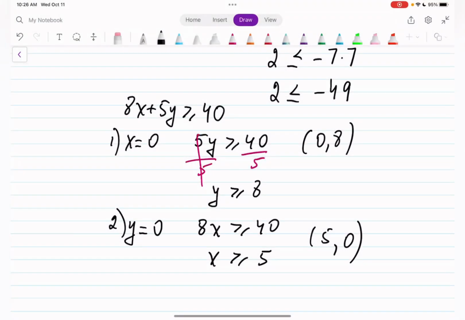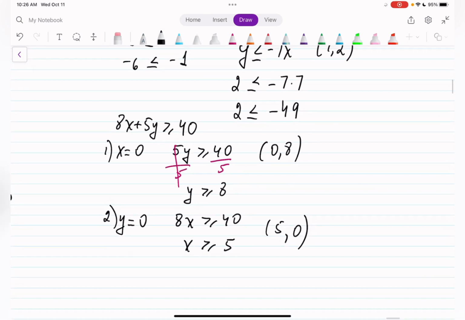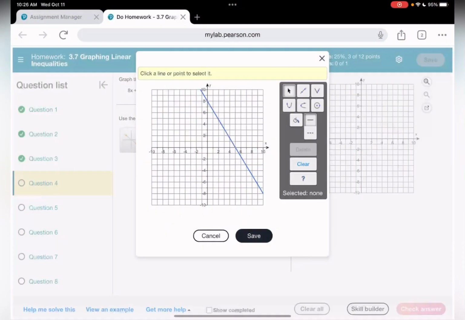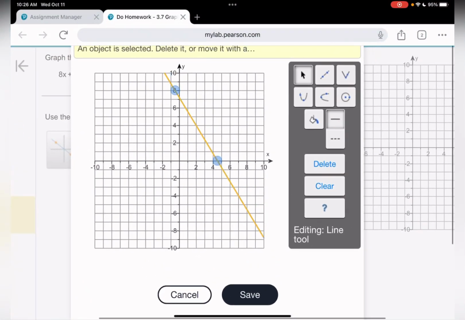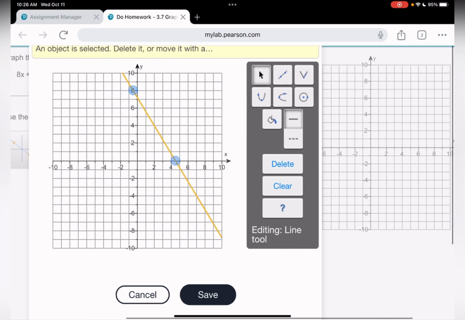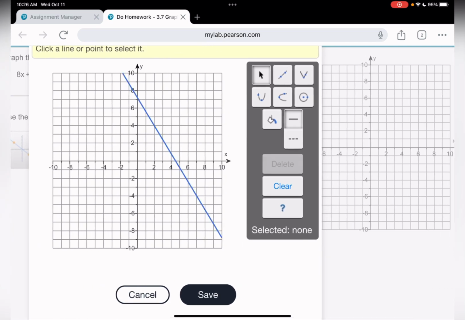There are two ways. One way, like I said, is based on testing points, and the other way is, it says y is greater than 8 and x is greater than 5. That's the second method. Y is greater than 8, meaning it's going above the 8, right? Y is equal 8.